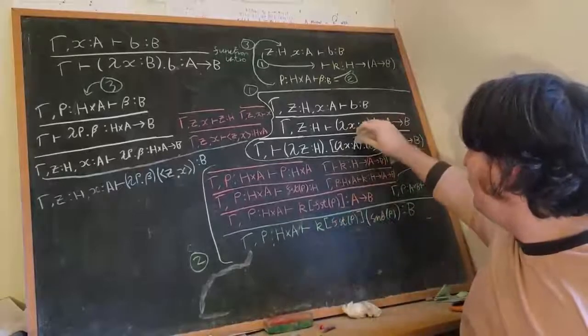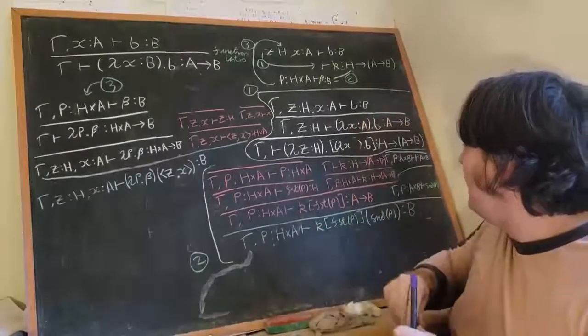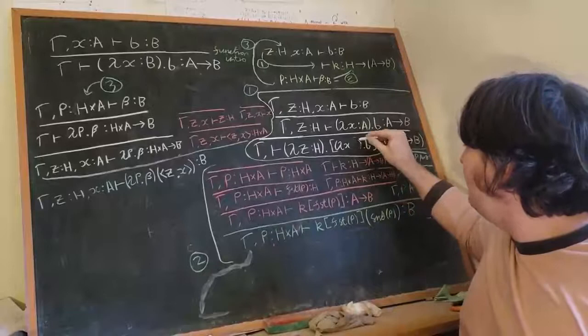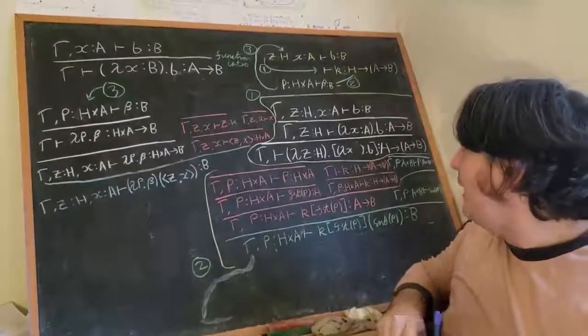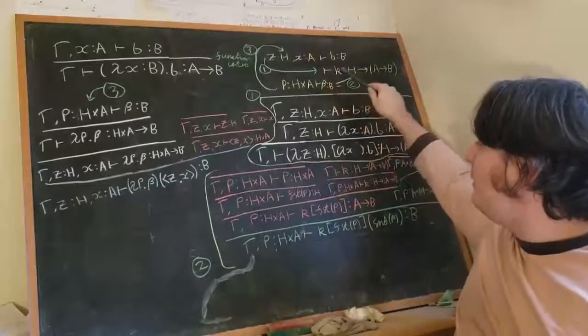But sometimes for shorthand, we just don't bother recording the type. So that kind of notation is fine too. So that's basically how we go from this form to this form.